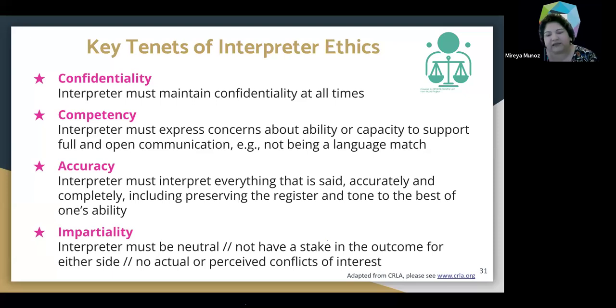They don't take sides, because they are there for everyone during the encounter, with no perceived conflict of interest. They maintain that neutrality, which may be a little harder if you have a family member or a friend, or even a staff member, doing the interpretation at any given point.